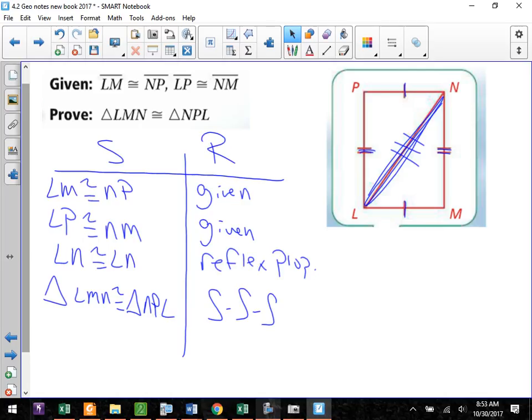You always then mark your diagrams, and then you just look and see if there was a definition that you could use. In this case, there wasn't a definition, but what we were able to do is infer that the reflexive property was being used. And that's how you get all three sides. Okay? So, yes, sir, we have side, side, side.